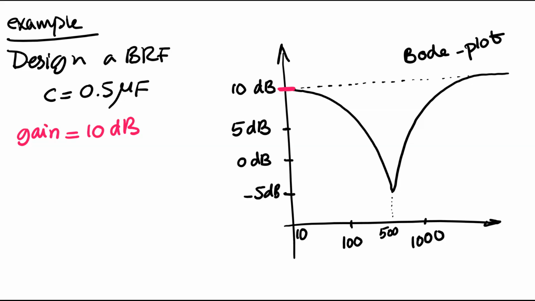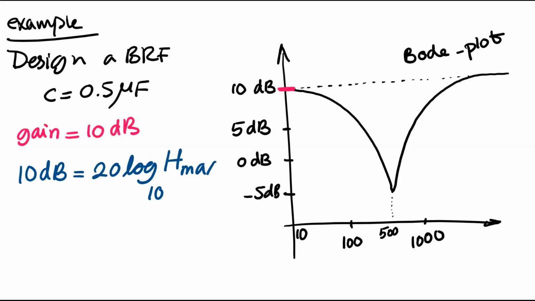It means that the maximum gain in decibel is equal to 20 log base 10 of my standard gain, H max. I have to solve this to find my maximum standard gain. I divide everything by the coefficient of the log, so 10 divided by 20 is 0.5, equal to log base 10 of H max.